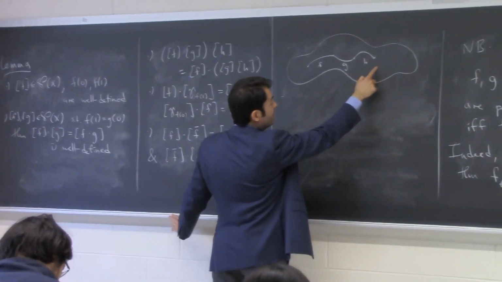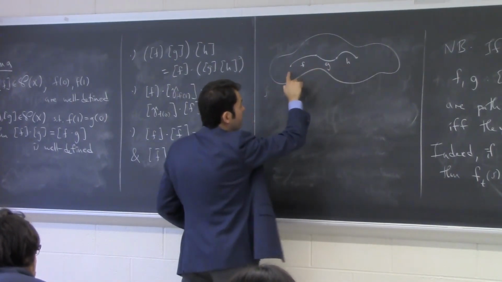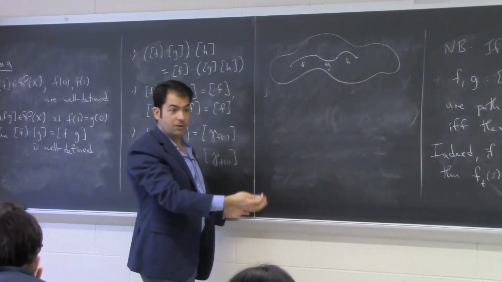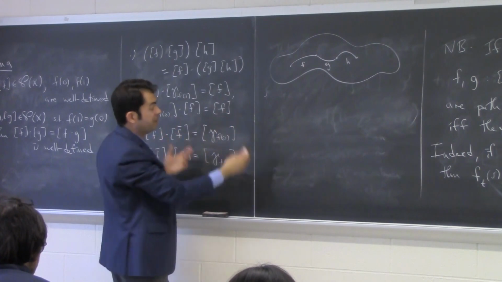As a path, I go from here to here by following F, then G, then H, so both correspond to the same picture.